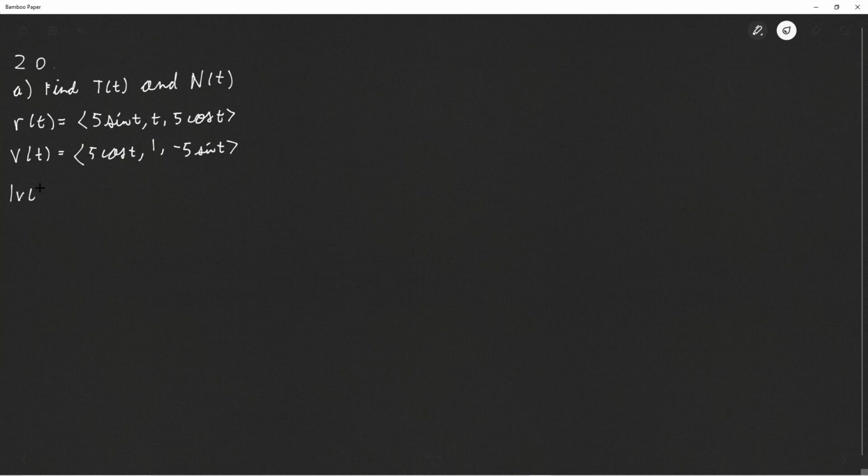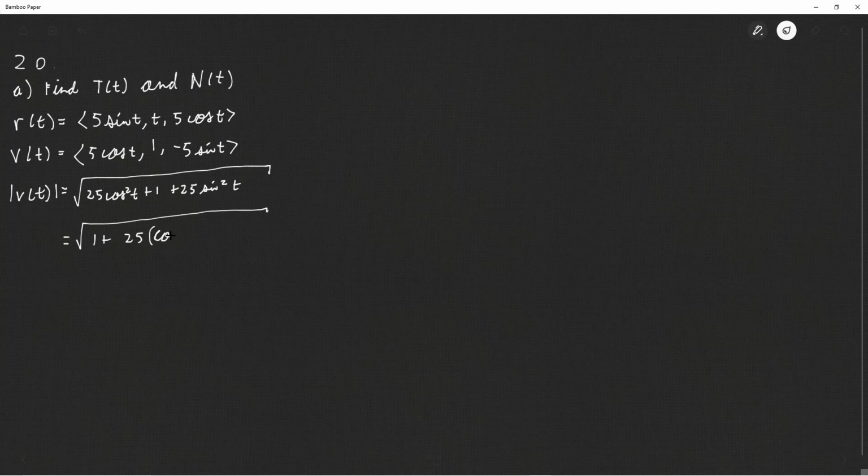And to find the magnitude of this, we square root it and square all our inside terms, which will be 25 cosine squared of t plus 1 plus 25 sine squared of t, which again, if we make this equal to 1 plus 25 cosine squared of t plus sine squared of t, this just becomes 1, and it'll be 1 plus 25, which will be the square root of 26.